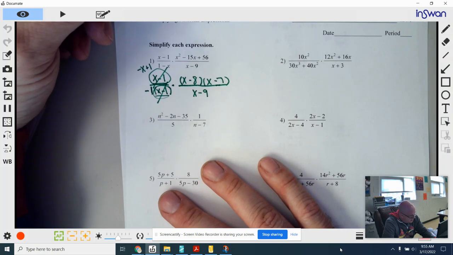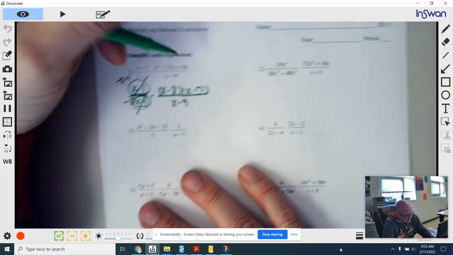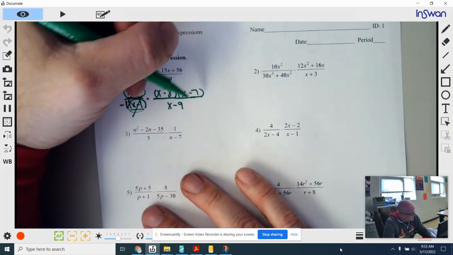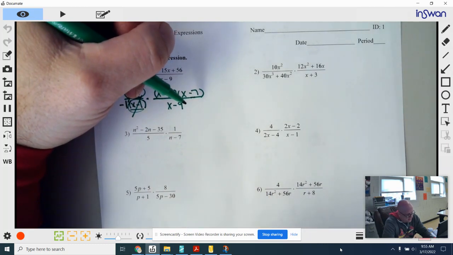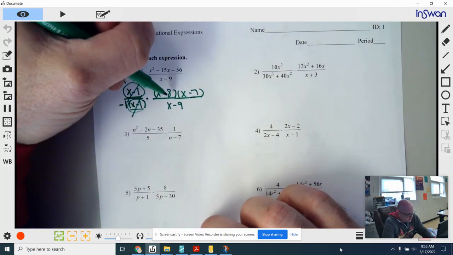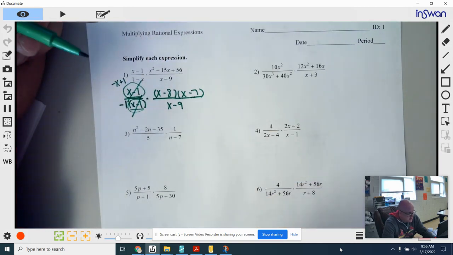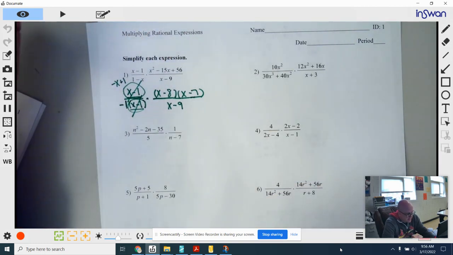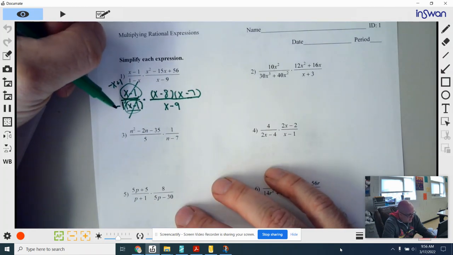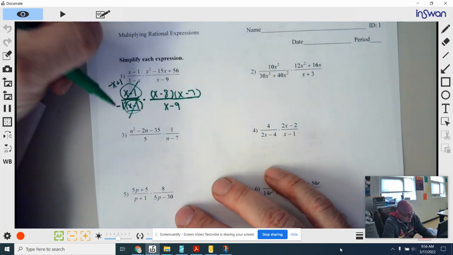And then if you put back what is left, we can just write it back in simple factored form. So you have x minus 8, you have x minus 7, you have x minus 9 on the bottom. None of those have a matching factor. And then you also have this negative 1 that was out there.